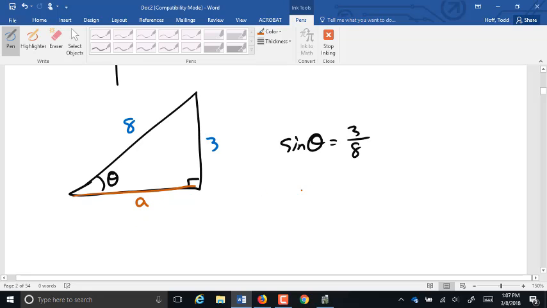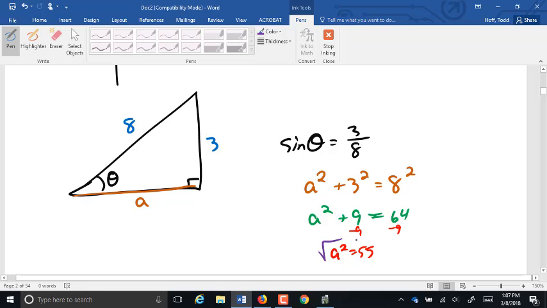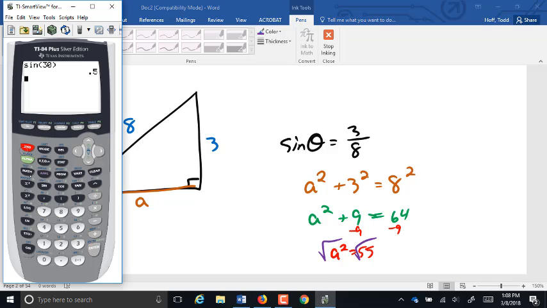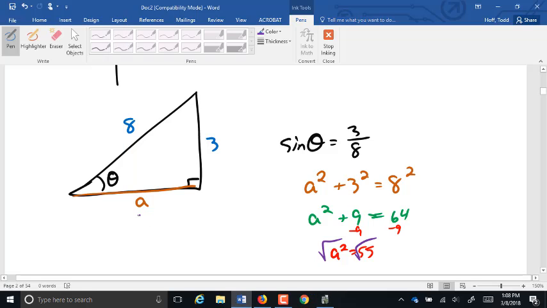Yeah, if I label that a, a squared plus 3 squared equals 8 squared, correct? A squared plus 9 equals 64. Subtract 9. A squared is 55. And we square root. You get 7.42, we'll call it, is a.